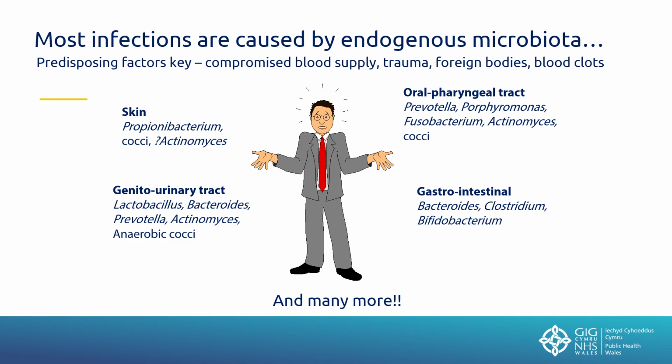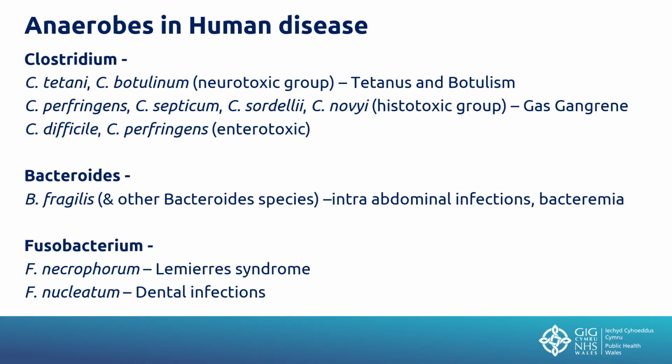It's not a comprehensive list. There are many more involved, but what I'm going to do is take you through the main pathogens. The main anaerobes that cause human disease are grouped into these three genera: Clostridium, Bacteroides and Fusobacterium.